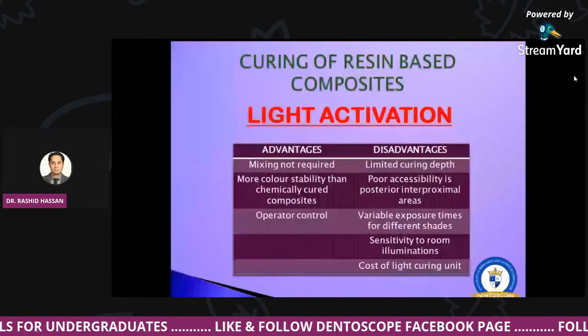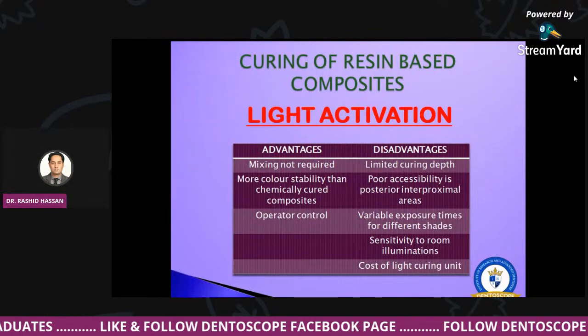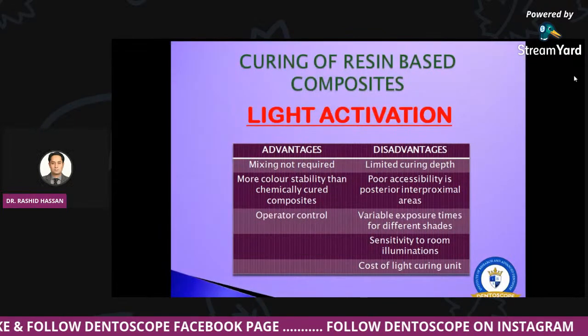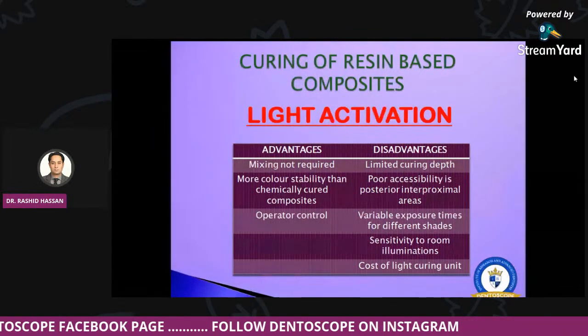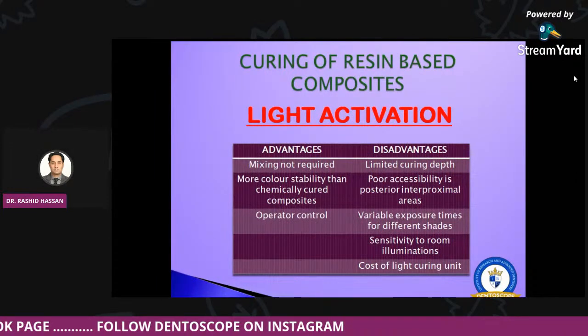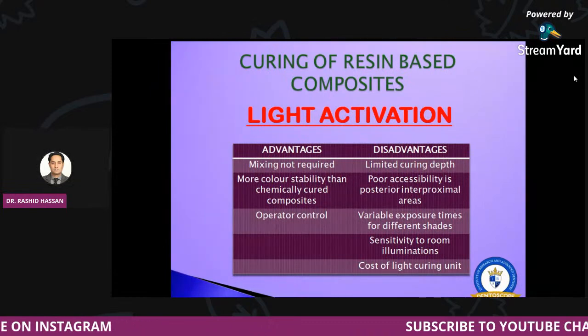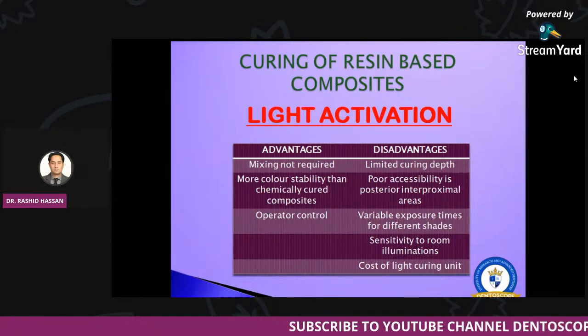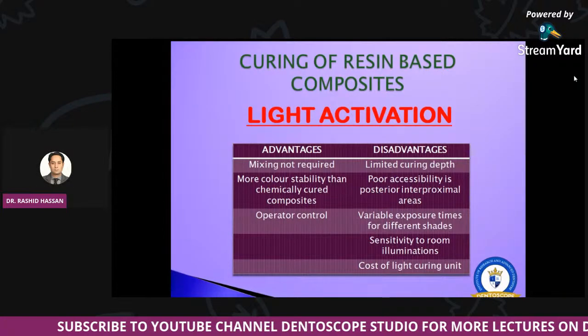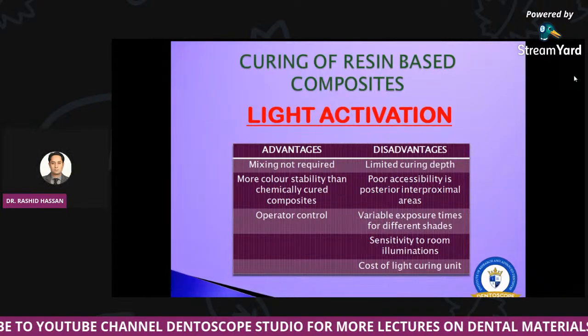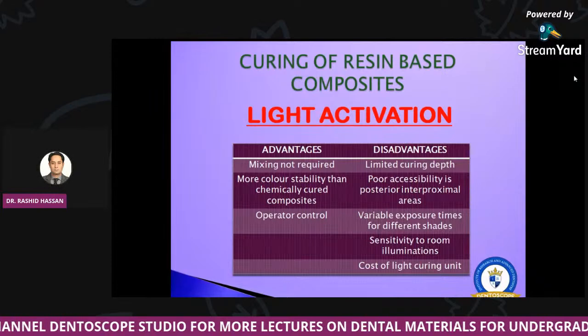Well, let's talk about light activation. It has different advantages and disadvantages. The advantages are that you do not require any mixing and there is more color stability than chemically cured. Yeah, the restorative cured by light has much higher color stability.